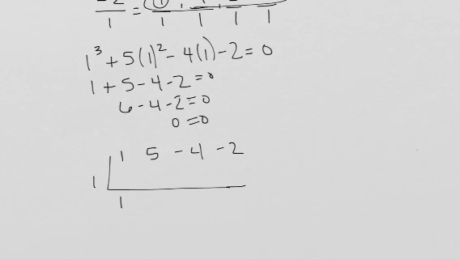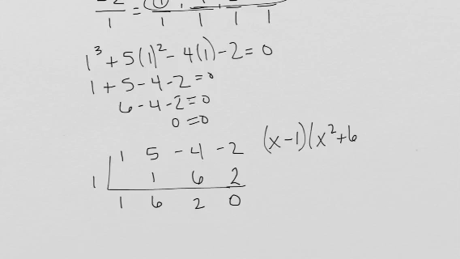Bring down the 1. 1 times 1 is 1. 6. 1 times 6 is 6. 2, 2, 0. So what that tells us is now we have x minus 1, because the 0 for x minus 1 is 1, that's where the 1 comes from, times x squared plus 6x plus 2.